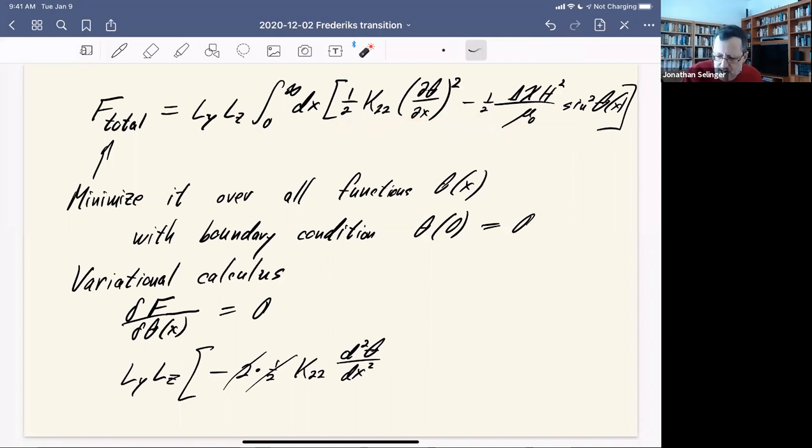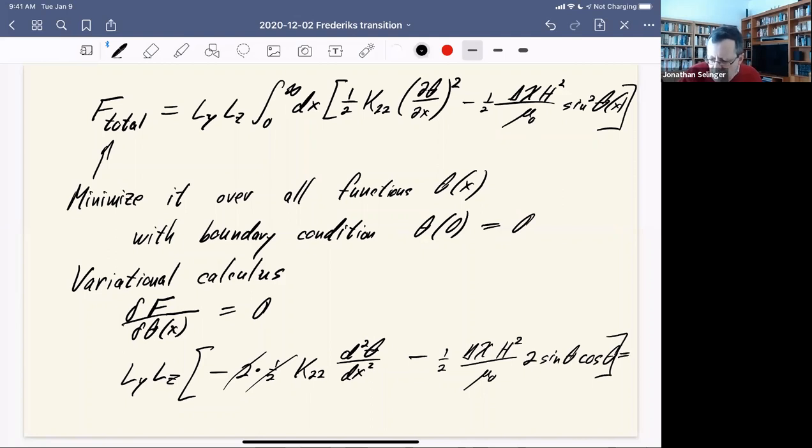And we get minus a half delta chi h squared over mu naught. And the derivative of sine squared is 2 sine theta cosine theta, like that. So this all has to be equal to 0.